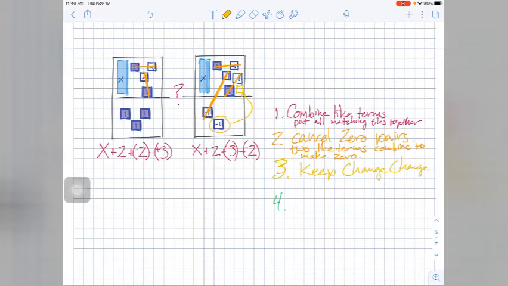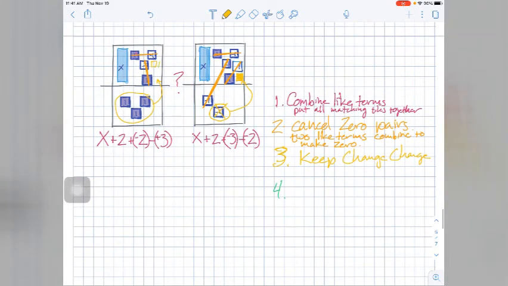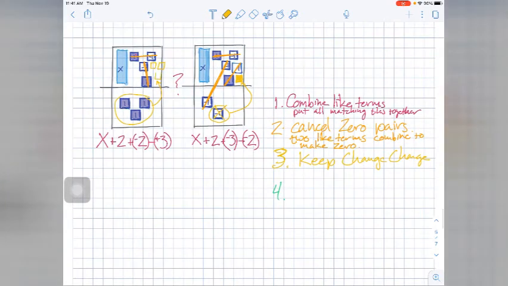So this -1 tile, if I move it across the line and turn it into a +1 tile, that is keep, change. And then I can take these 3 and move them across the line. Oops, I'm sorry. You know what? They're going to be negative tiles up here. So we're going to do it like that. So keep, change.